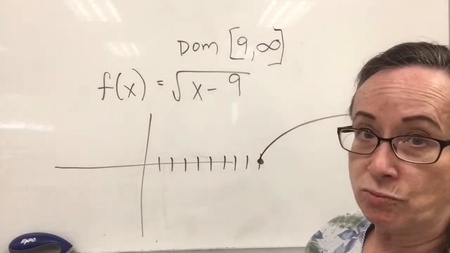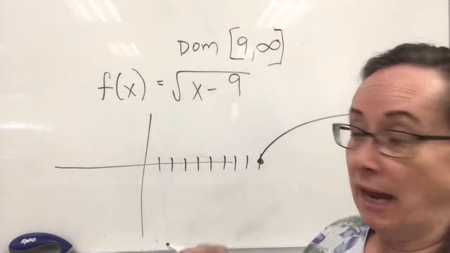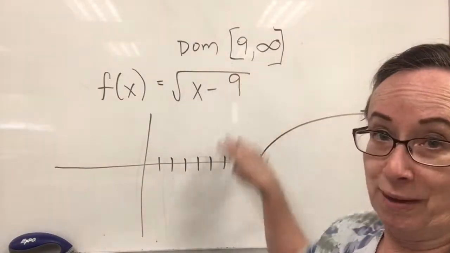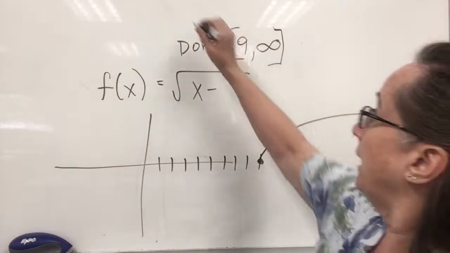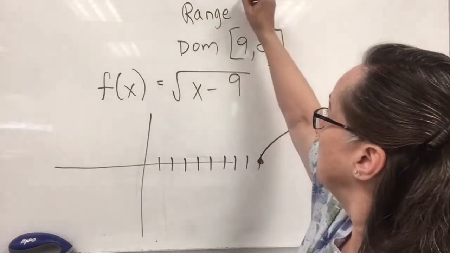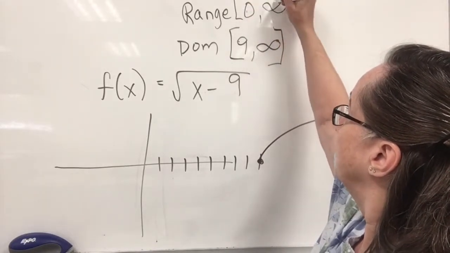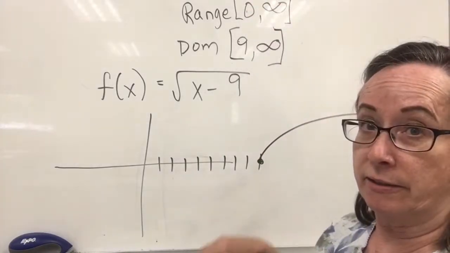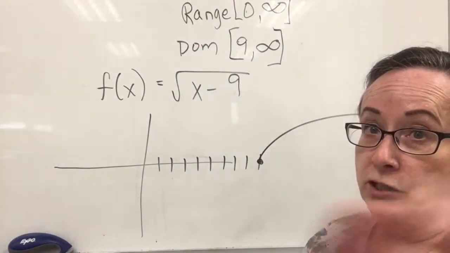Okay, what about its range? The range is what y can be, and the y is going to be all positive y's or 0. So we would say the range of the original function is going to be 0 to positive infinity, right? It can't go down here. So that would be our domain and range of our original function there.